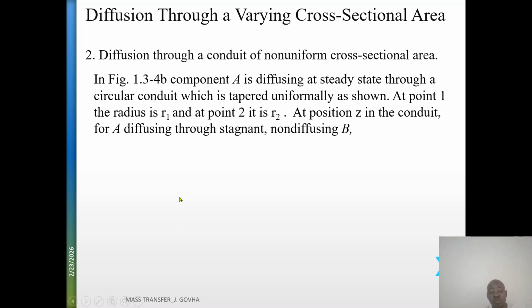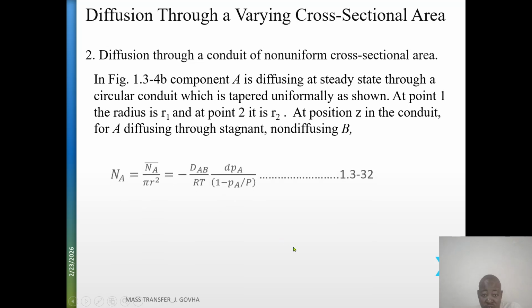So if we now look at diffusion through a conduit of non-uniform cross-sectional area, as indicated there, where component A is diffusing at steady state through a circular conduit which is tapered uniformly, as shown in Fig 1.34b. At point 1, the radius is r1, and at point 2, it is r2 at position z in the conduit.